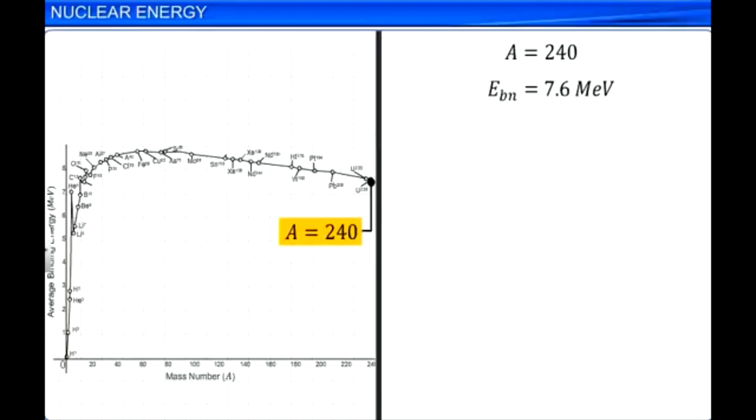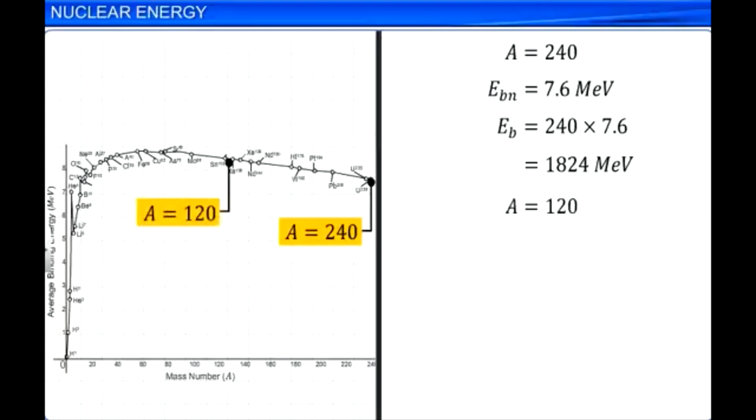Therefore, the total binding energy for this nuclide is 240 into 7.6, which is equal to 1824 MeV.